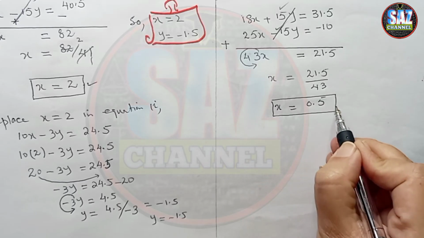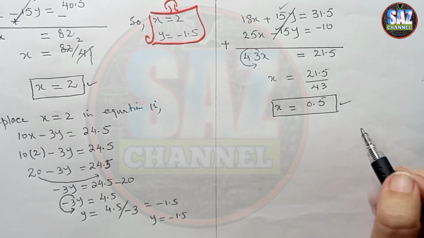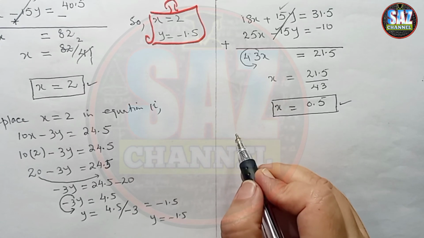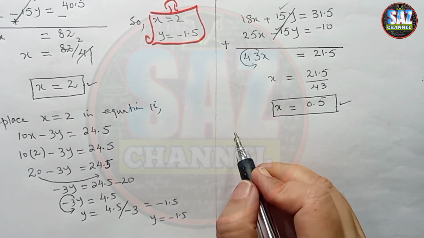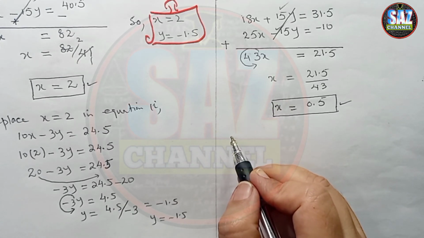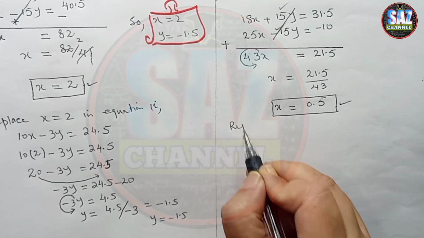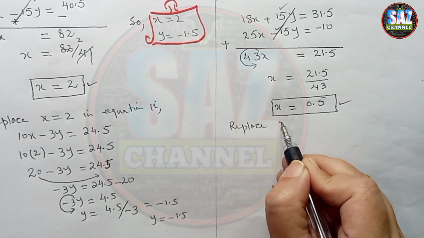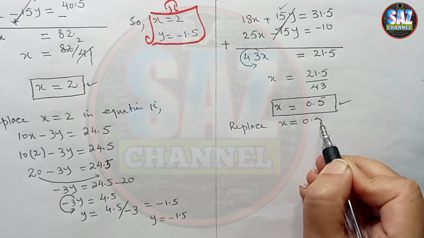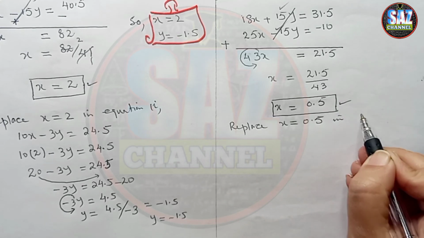Now what we have to do is replace this value of x in any one of the equations, and preferably I'll be taking equation 1. Replace x equals 0.5 in equation 1.